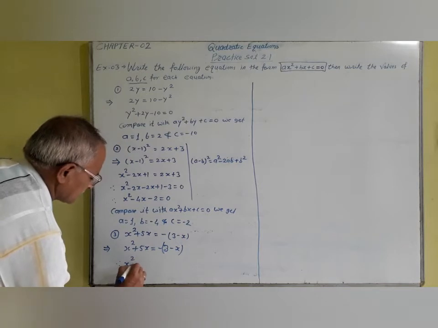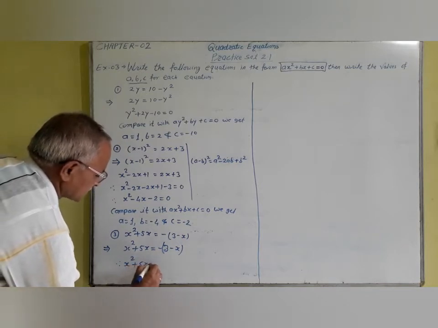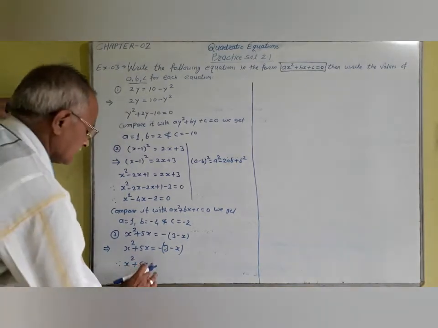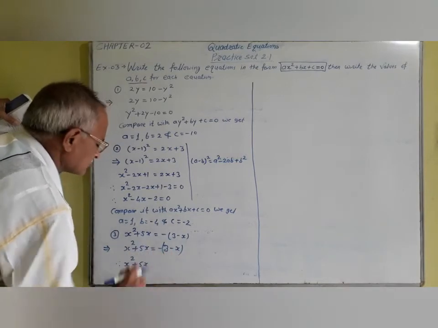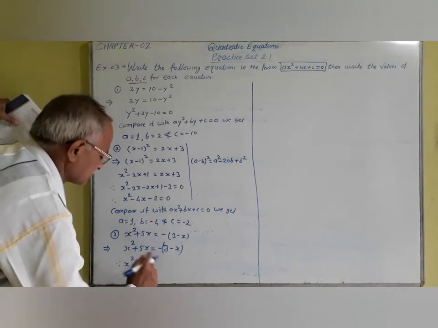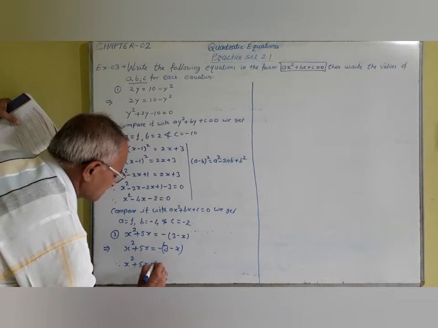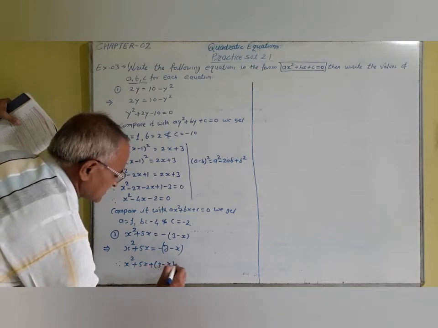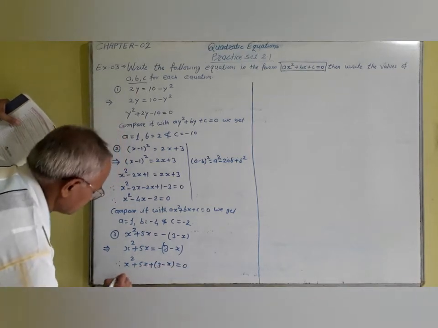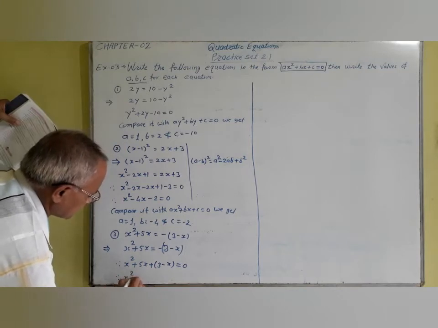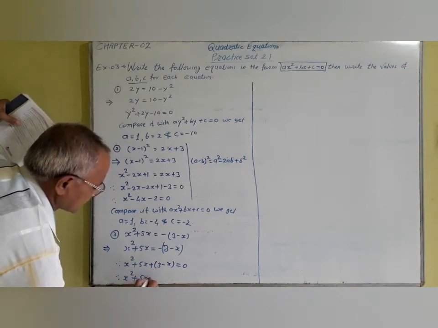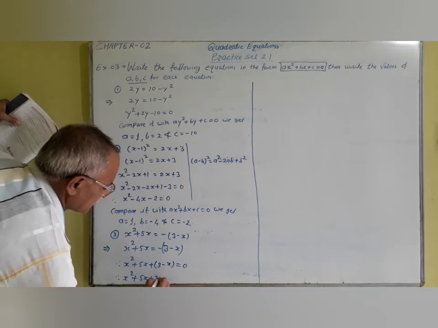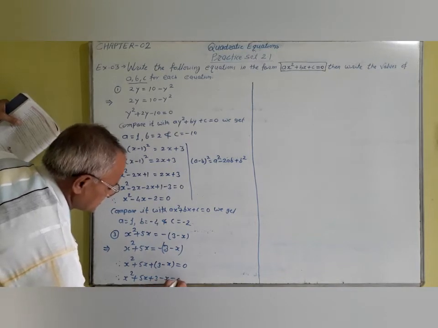Therefore x square plus 5x is equal to, here we can take this bracket to the left side. This is a minus. From the right to the left side it becomes plus. 3 minus x is equal to 0. Therefore x square plus 5x plus 3 minus x is equal to 0.